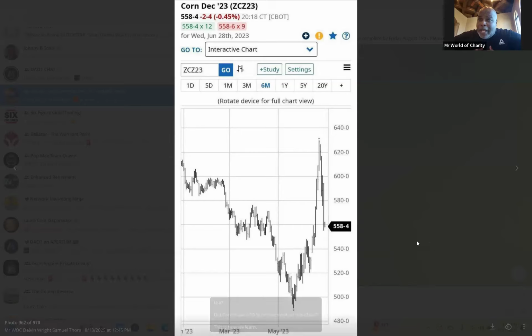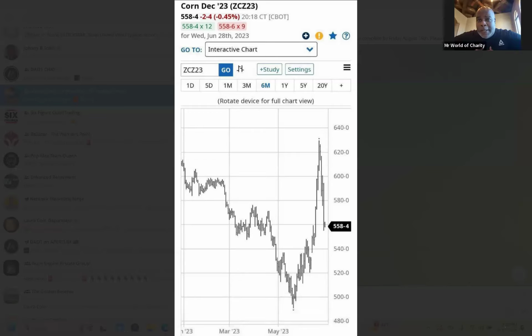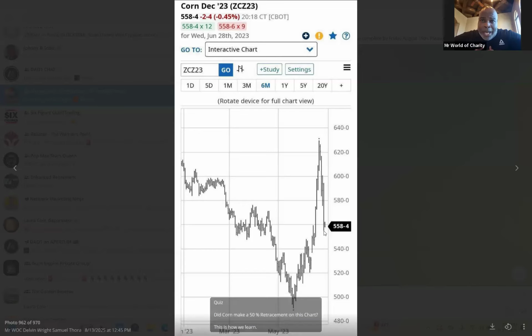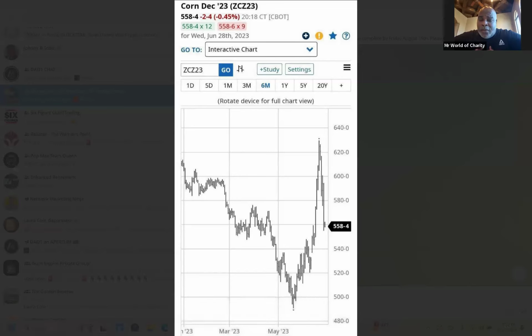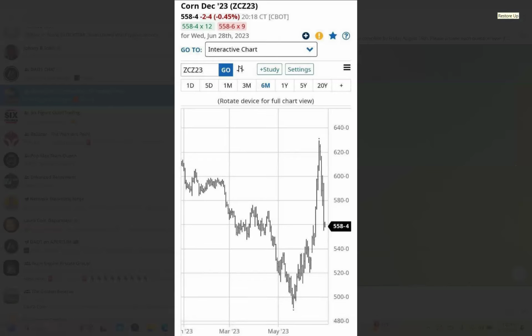Like Thor pointed out, it actually went 2 cents lower to 558. So we had our retracement at 560, and it actually went down even 2 cents below 560. Do you see what I'm talking about? Yeah, I see it clearly.